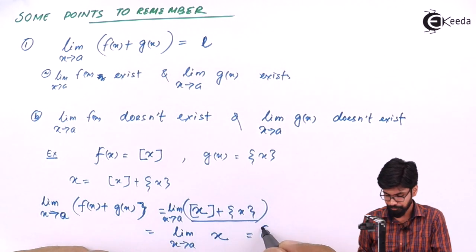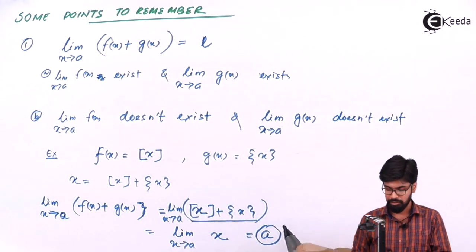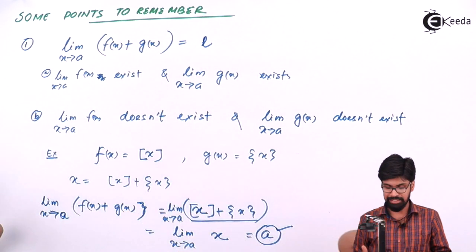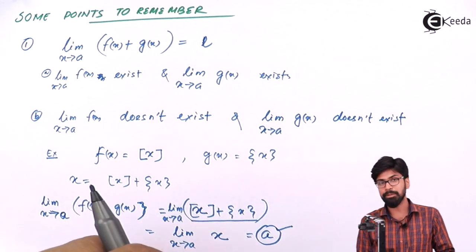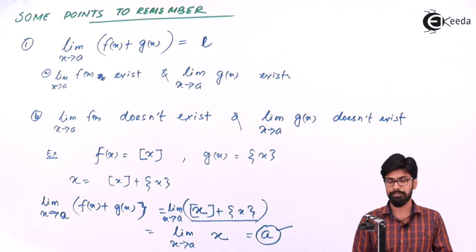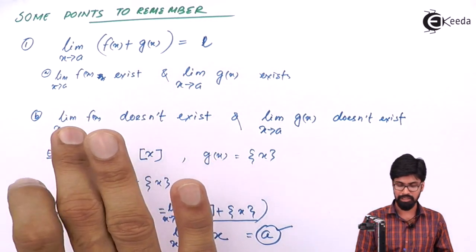That is the final answer, and this is a finite number. So when both the limits do not exist, it can be possible that the sum exists. It is not the case that always it will happen, but there is an exception, and this one is an example for that.